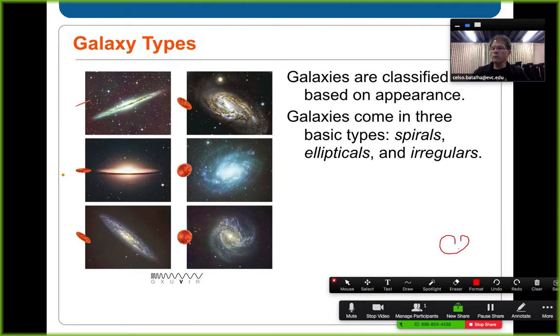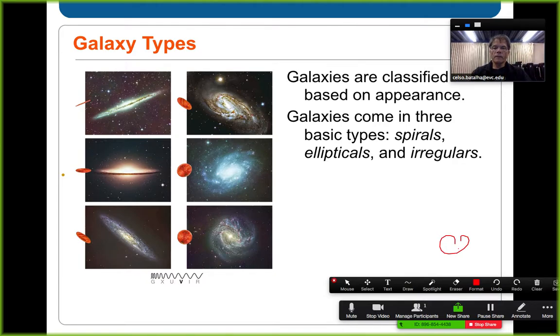So how do we classify galaxies? The classification of galaxies by their morphology doesn't have any correlation with galactic evolution. So when we see galaxies displayed in different forms, it doesn't mean that a spiral galaxy becomes an elliptical, or an elliptical becomes a spiral, or irregulars are put together to form some of them.